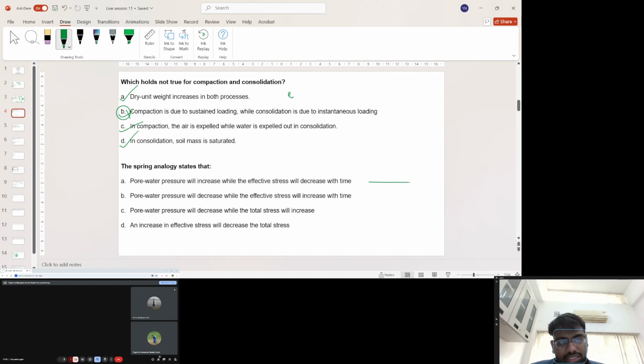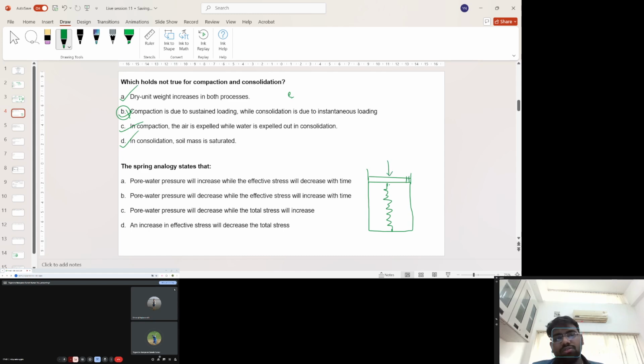Now let us see what the spring analogy states. There is a container, and the entire soil mass will be converted into a spring that is placed in a water column. There will be an opening left here, with a valve, like a piston with the valve.